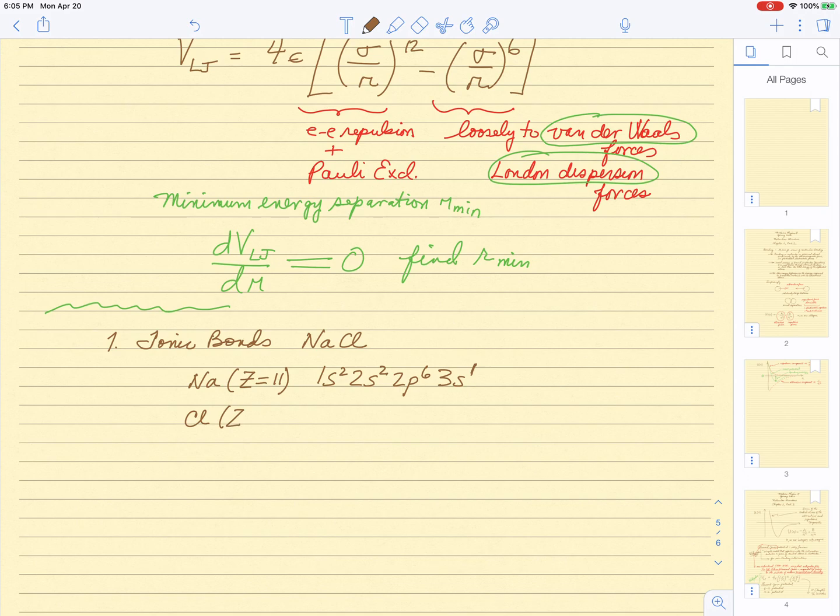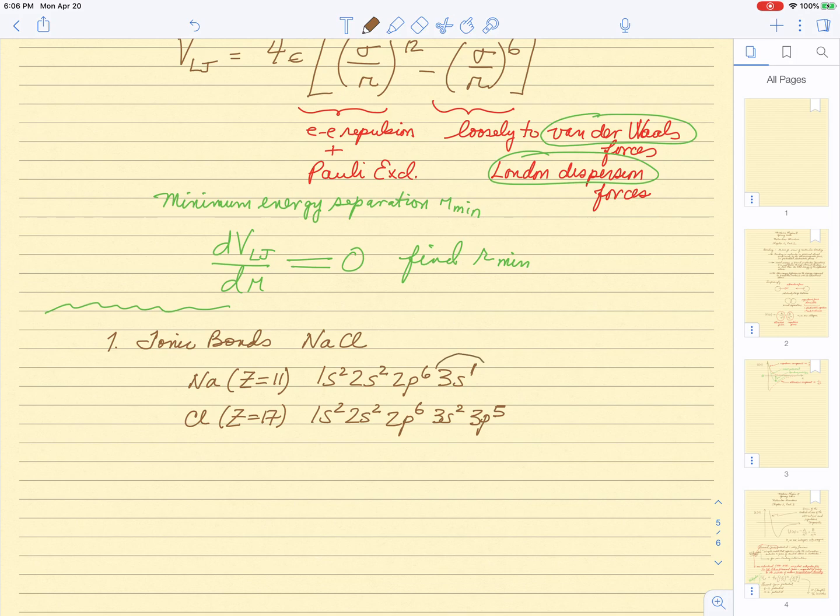Chlorine, which is Z equals 17, that's going to be 1s2, 2s2, 2p6, 3s2, 3p5. Now, I'm going to introduce some terminology here.